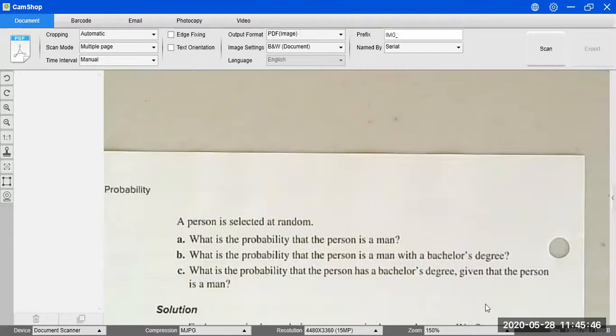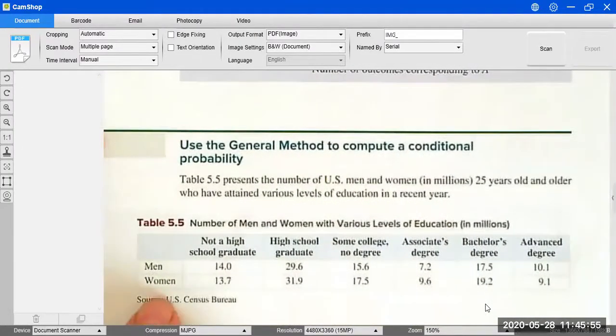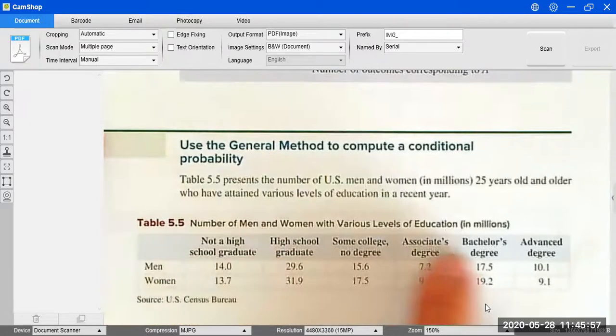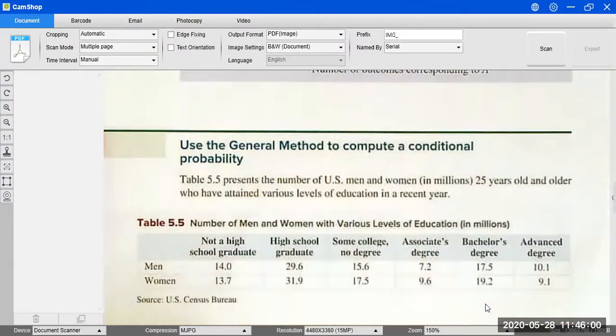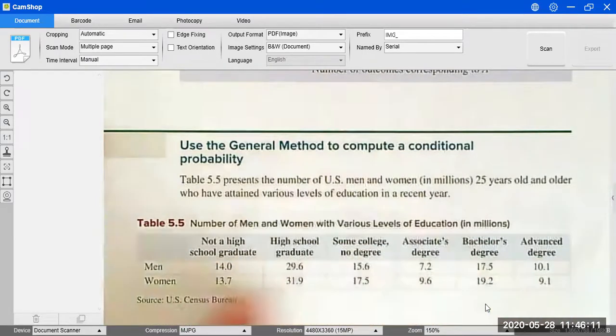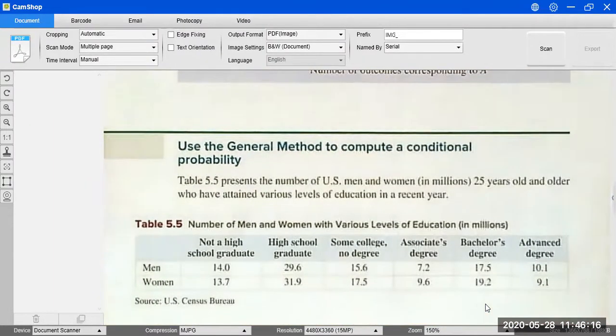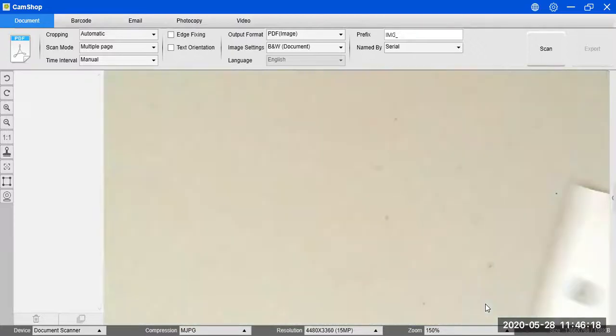The person being a man is just the first row. So we add up all those values on the first row and divide by the total frequency, which we get by adding up all these values.